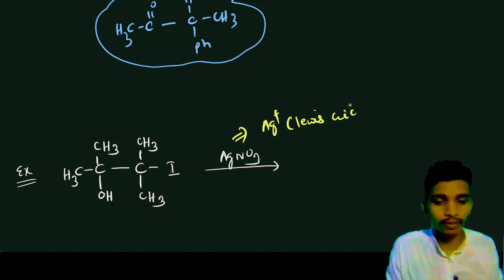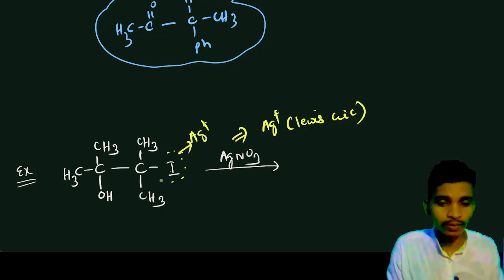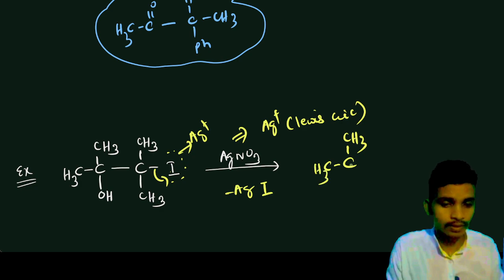So it needs electrons, and it has the lone pair electrons, so this will share here. With that AgI will leave here. So what we'll get now is here we have CH3, here CH3 and here we have OH, and this is going to be CH3 and this is going to be CH3 and this is going to be the positive charge.